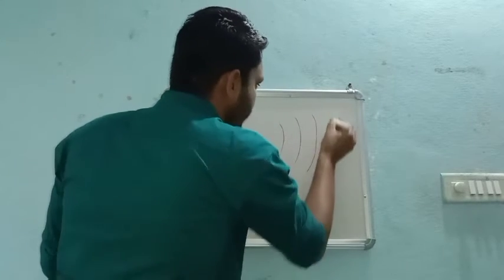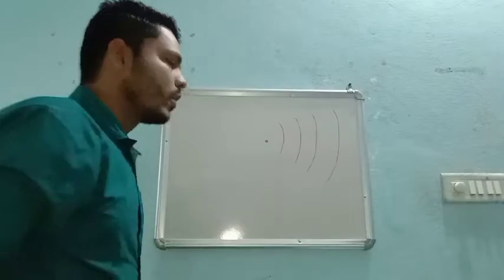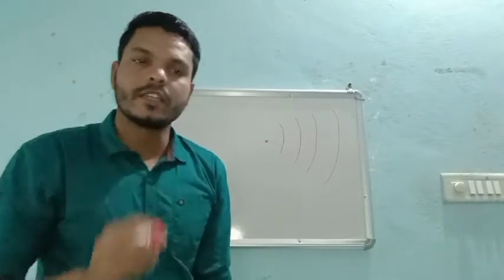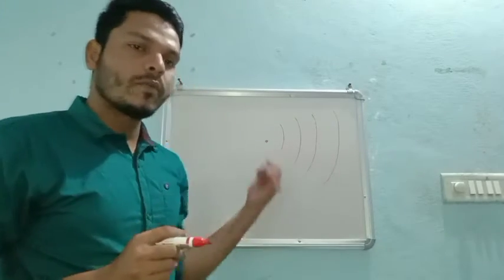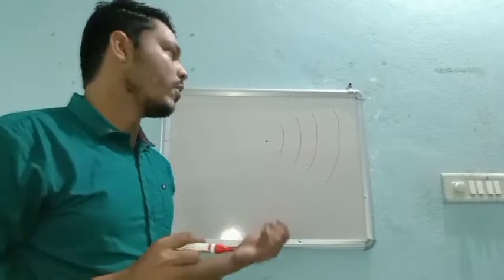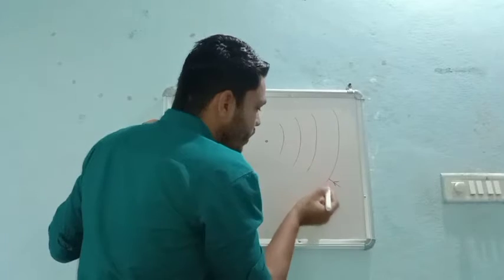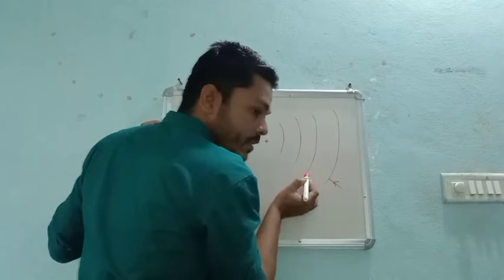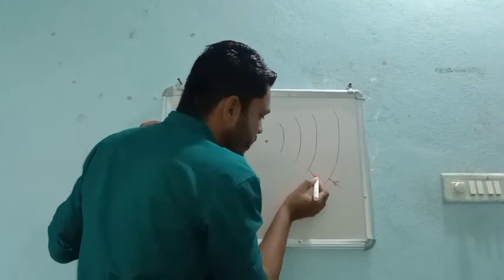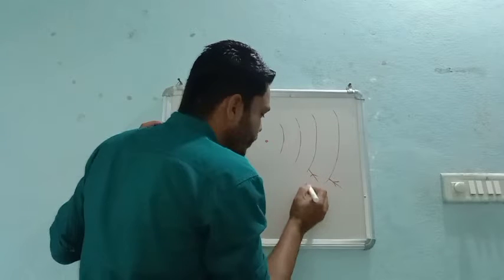If I say only the valence cell undergoes formation of bond, this statement will be wrong in case of transition elements, D block elements. This is called the valence cell or outermost cell, and the cell just present inside the valence cell, the outer cell, is called the penultimate cell, right?